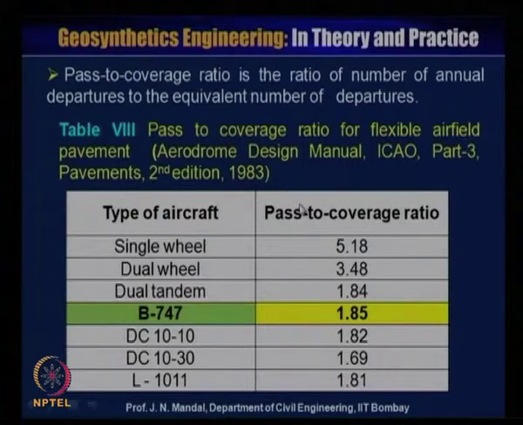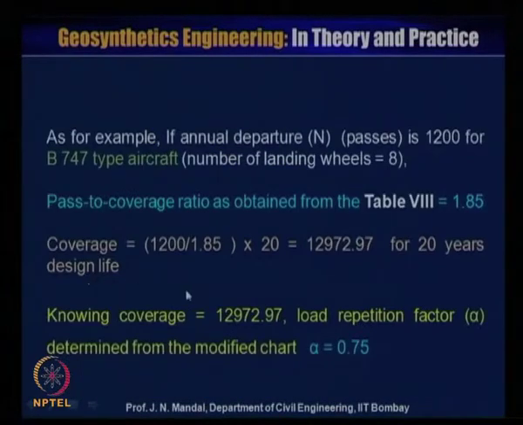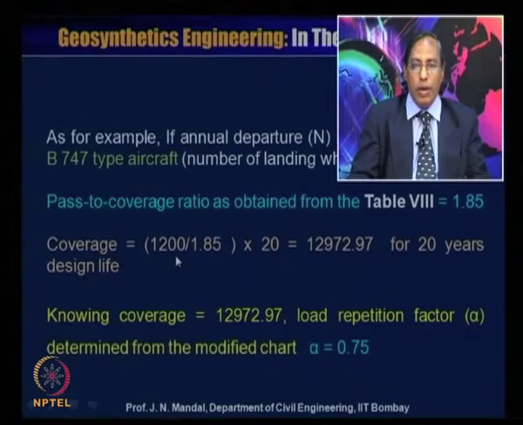So, coverage will be 1200, the number of passes, divided by the pass to coverage ratio, which is 1.85, and this is for the 20 years. So, this will give you 12972.97 for 20 years design life.